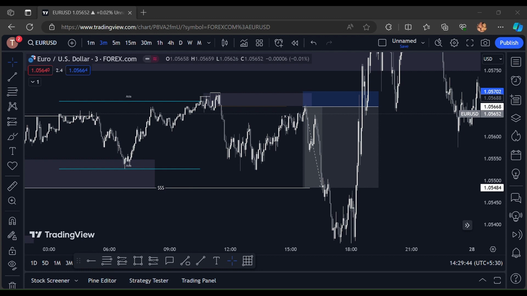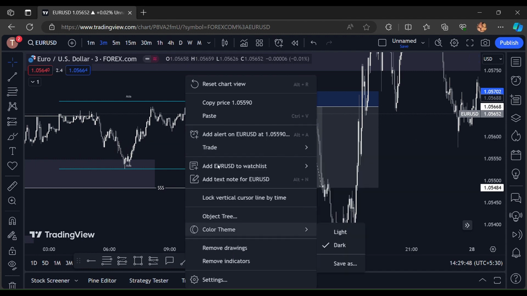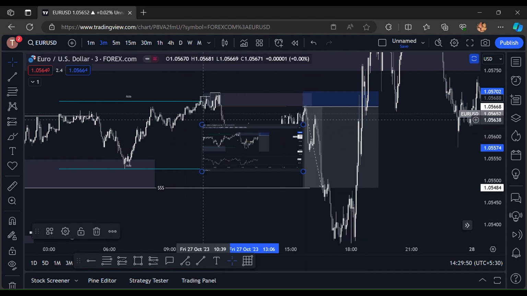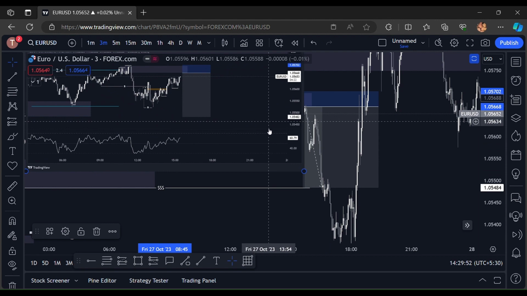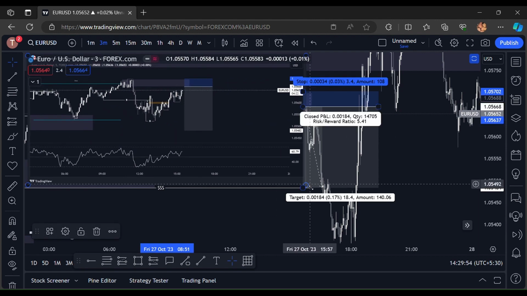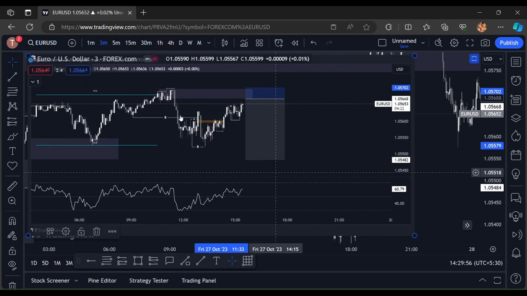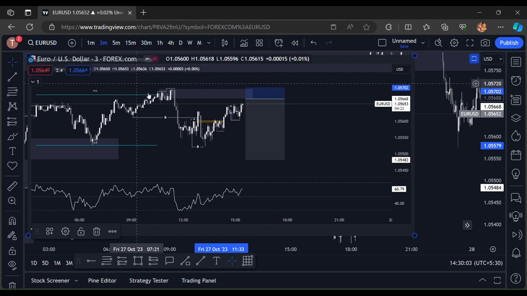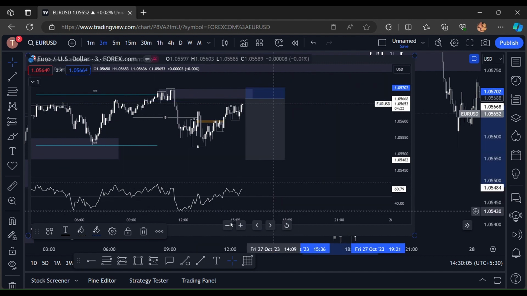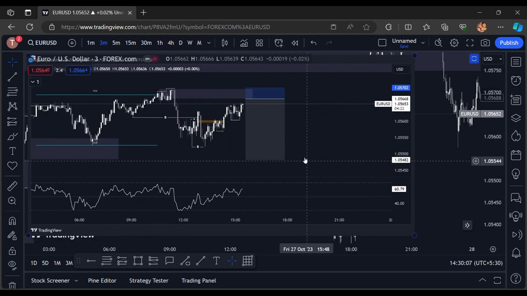This was the setup back then, when it was forming, and I had chosen this POI over this zone. So let's look into this trade and how I actually planned for it.